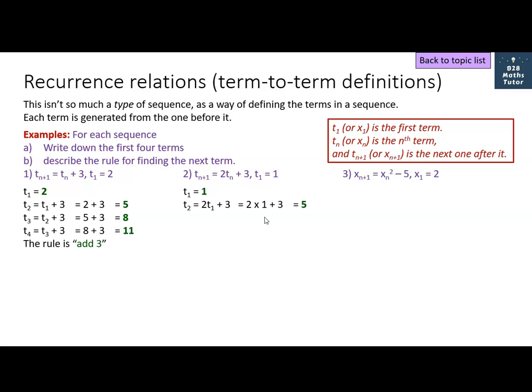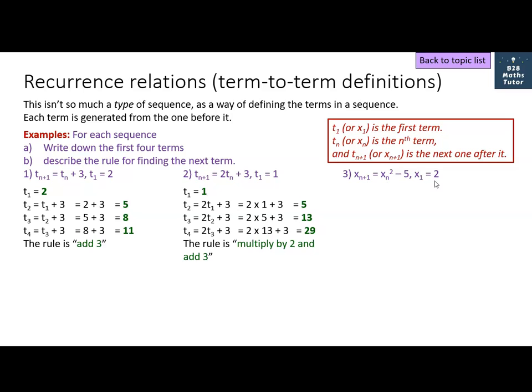Third term, we plug the 5 into the formula. So the third term is 2 times the second term plus 3, which is 2 times 5 plus 3, which gives you 13. And the fourth term is 2 times 13 plus 3, which gives you 29. So the rule in this case is multiply by 2 and add 3, or double it and add 3.